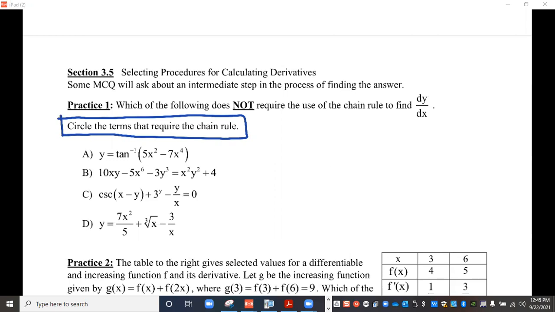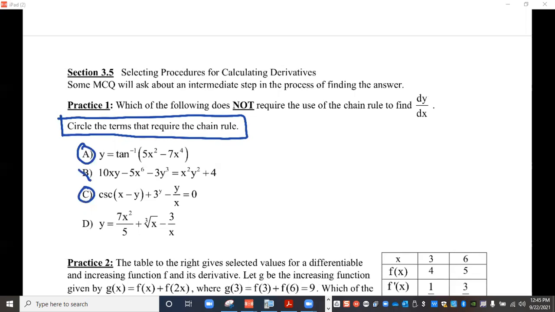So which one of these would you think? It could have more than one answer. Would we have to use the chain rule on A? Yes. What about B? No. What about C? Yes.